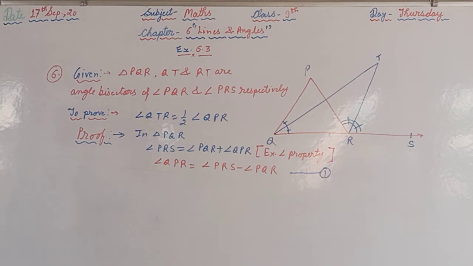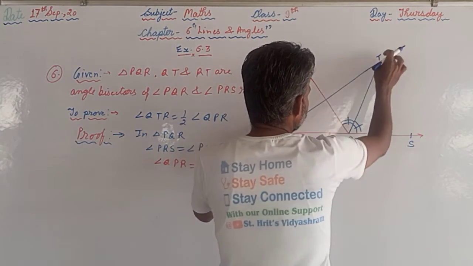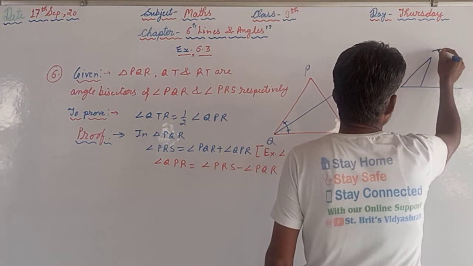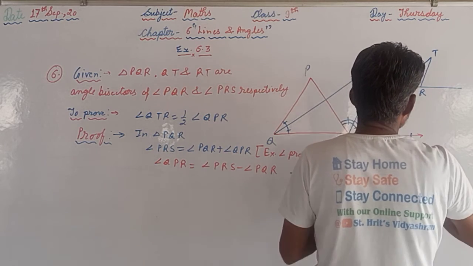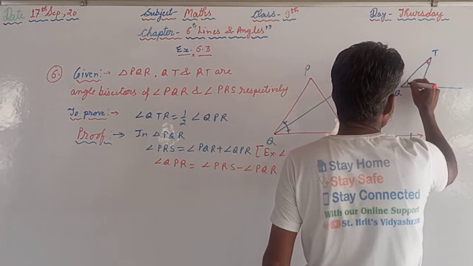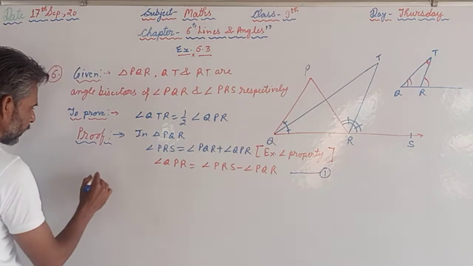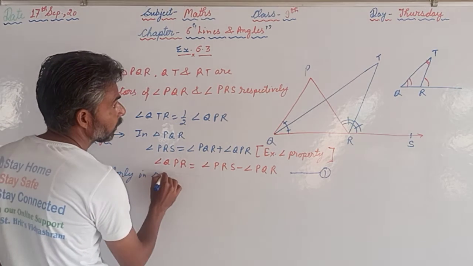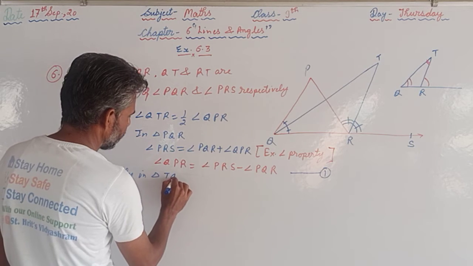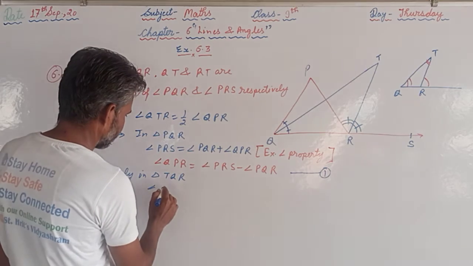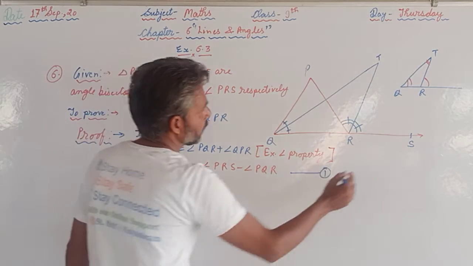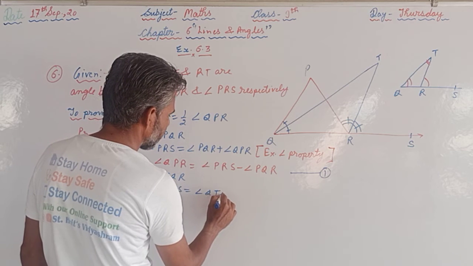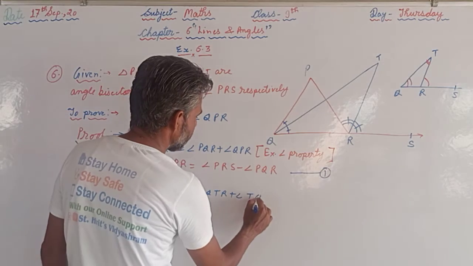At the same time, now we will consider only this angle QTR. So QTR is like this, TQR. In this, this angle will be equal to this angle plus this angle. Similarly, we can write in triangle TQR, with S as this point, angle TRS is equal to angle QTR plus angle TQR.